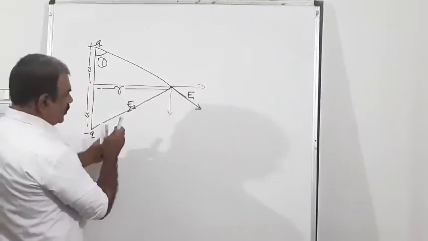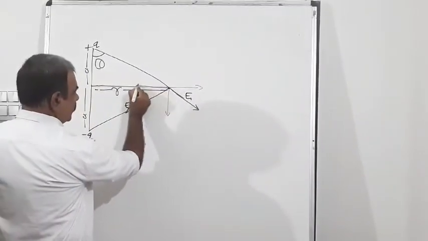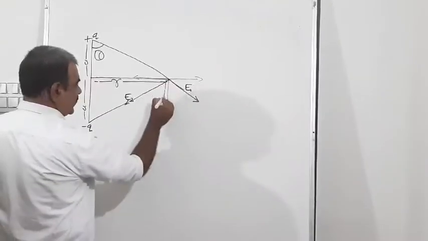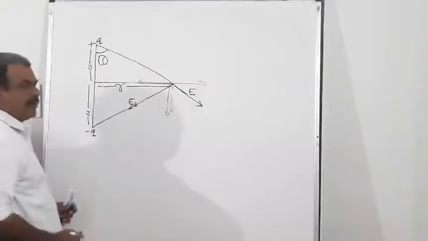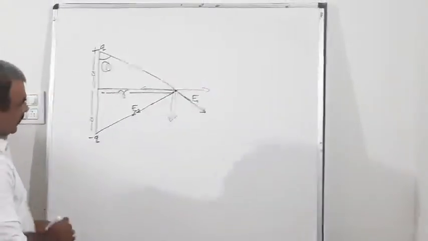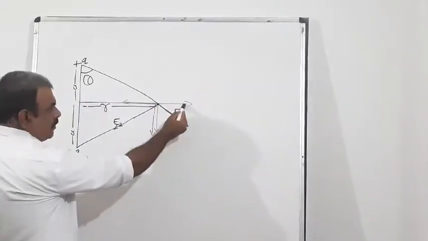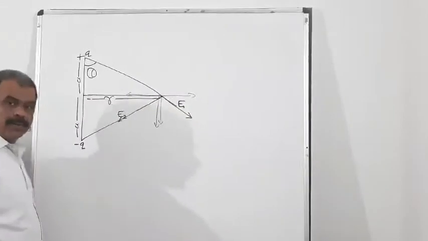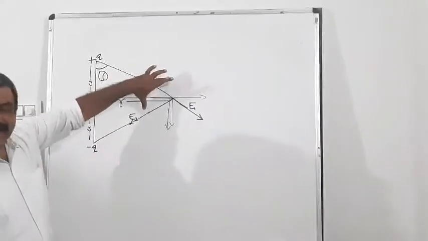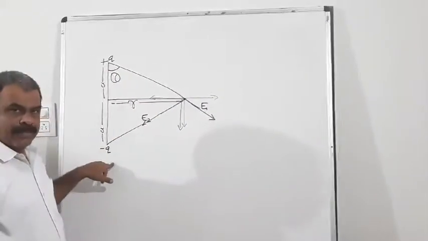Similarly, E2 also I can resolve into two components, parallel as well as perpendicular. Now, if you observe, this is a component of E1 and this one is a component of E2. Both are cancelling each other because the magnitude of E1 and E2 is the same.